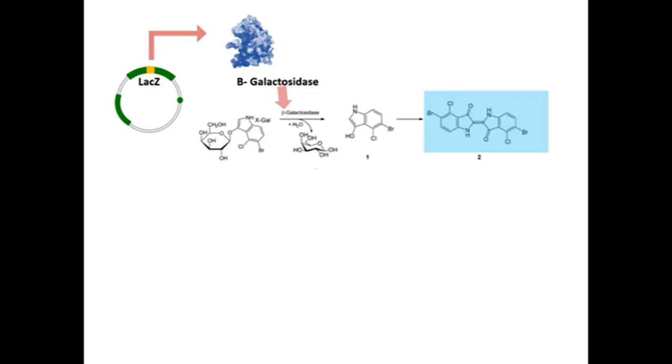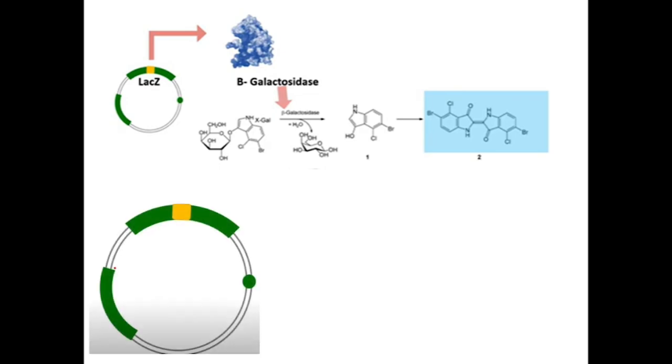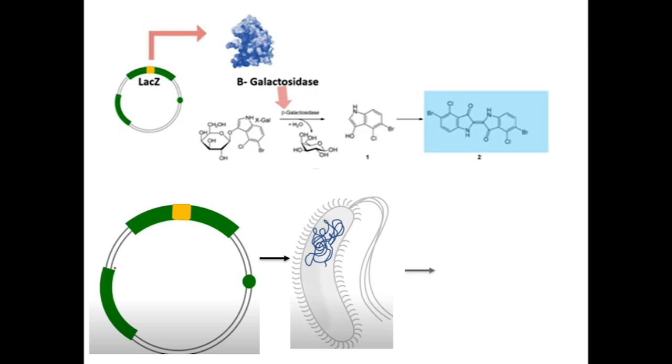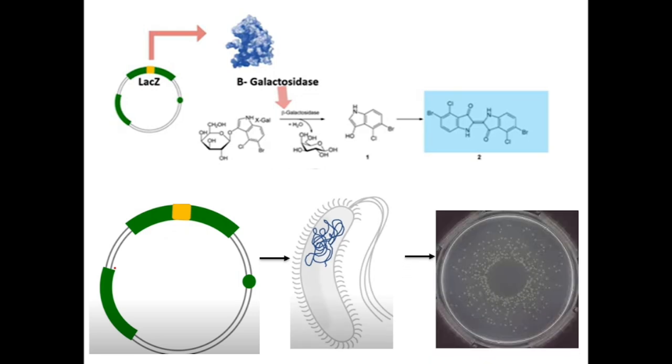If you insert the gene of interest in such a manner that the lacZ gene is disrupted, beta-galactosidase is nonfunctional and you don't get a blue colony. You will get a white colony. So the blue colony is the self-ligated plasmid and the white colony contains our gene of interest.